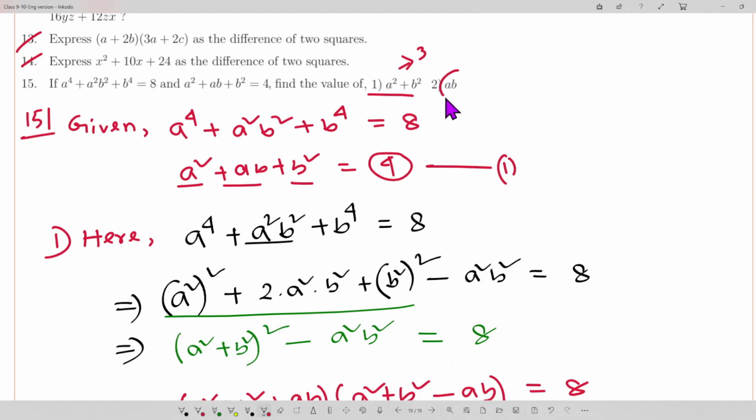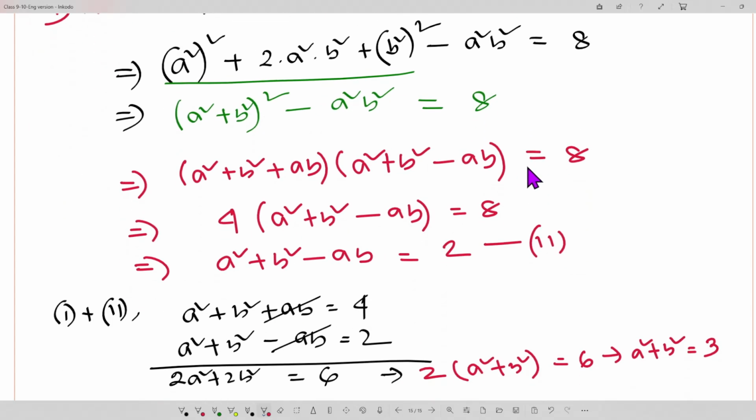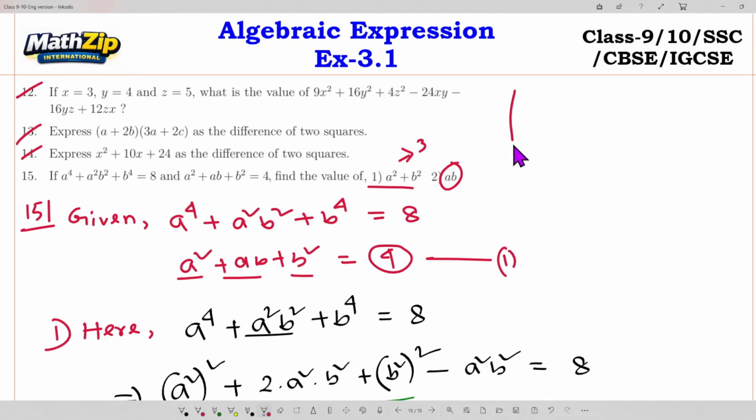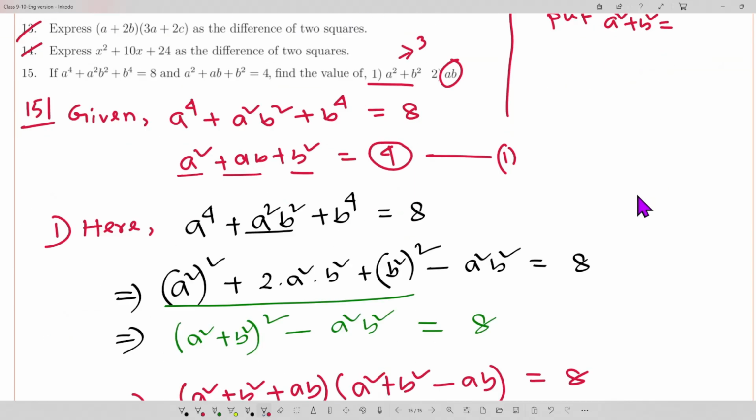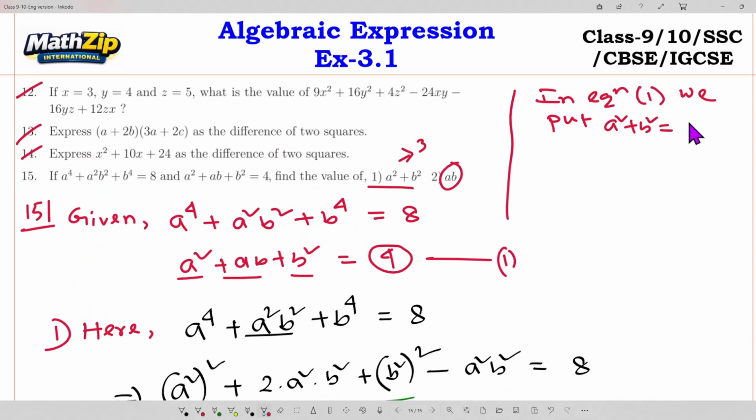Now we will find ab. Since we have a squared plus b squared, if you put it in any equation we will get ab. Like in equation 1, we put a squared plus b squared equals 3. Here it is a squared plus b squared plus ab equals 4.